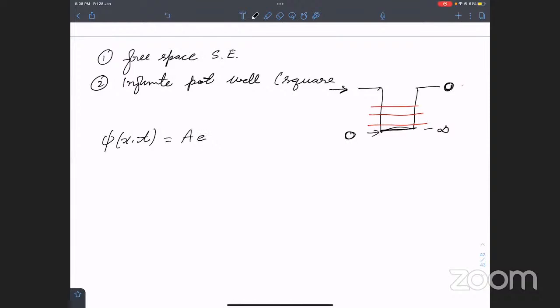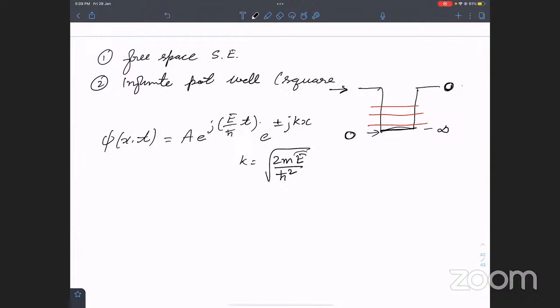E to the power j E by h bar t, e to the power plus or minus j kx, where k is root of 2mE by h bar square.